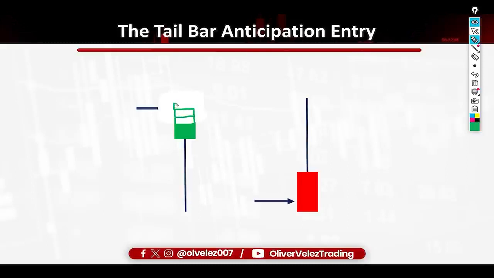This now qualifies as a torpedo tail bar. Torpedo tail. Boom! I'm going to buy into that green bar before this bar finishes.